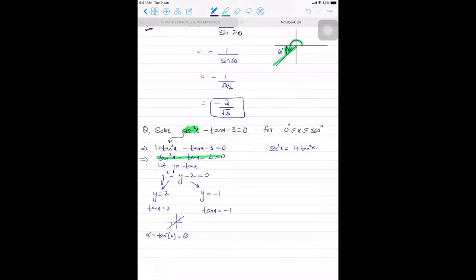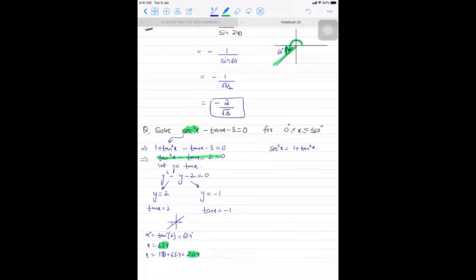So one value of x is going to be 63.4 and the other value is going to be 180 plus 63.4, which is 243.4. These are the two angles.